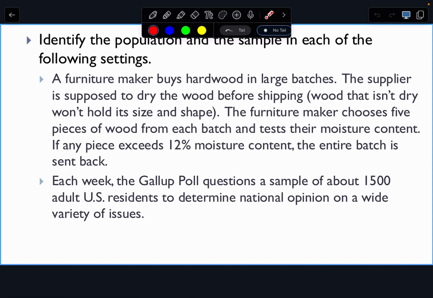Okay? In that next example, it says each week the Gallup poll questions a sample of about 1,500 adult U.S. residents to determine national opinion on a wide variety of issues. Now, when I look at a situation like this, it's a little less descriptive. And in some instances, when we're identifying population, it can be a little bit subjective depending on the context clues in the problem.